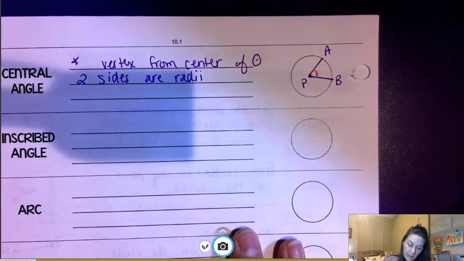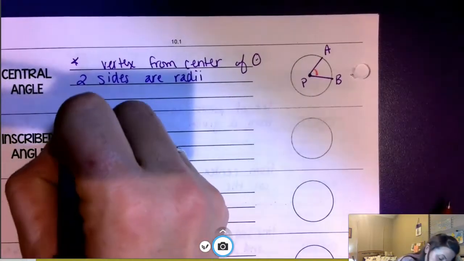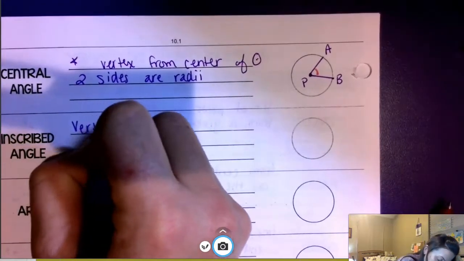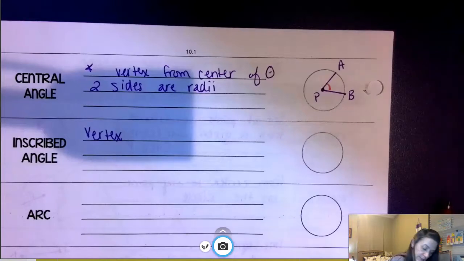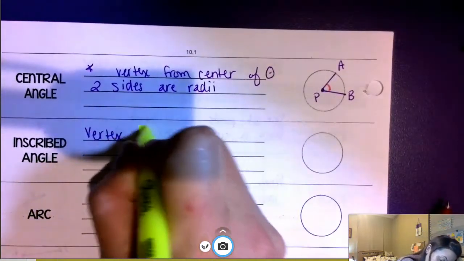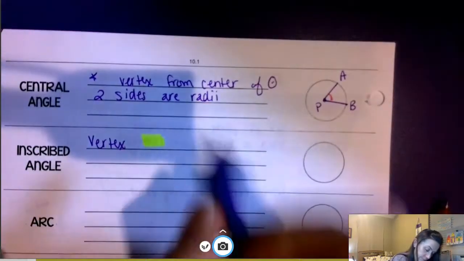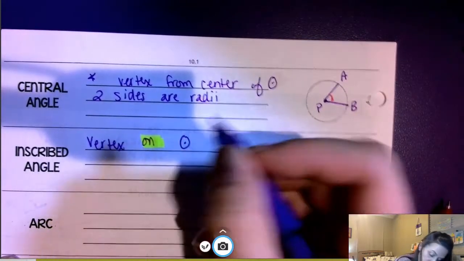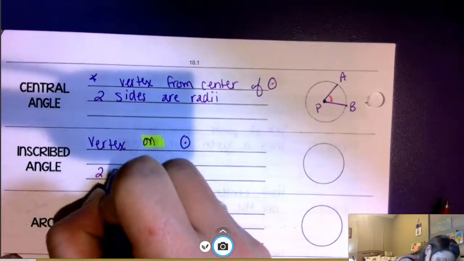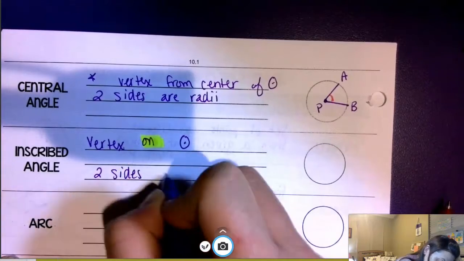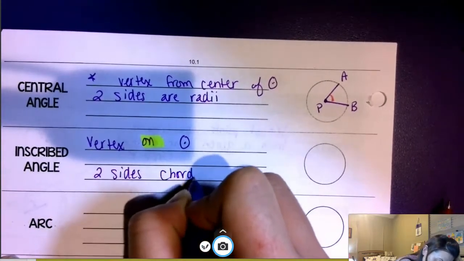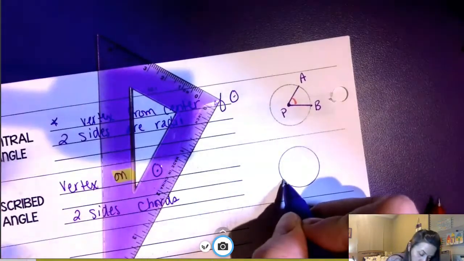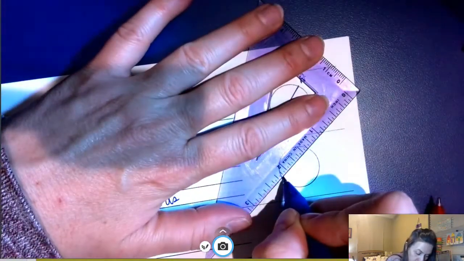Now an inscribed angle is where the vertex is on the circle. Two sides are chords. So here we're going to go, let's say we have a point on the circle here.